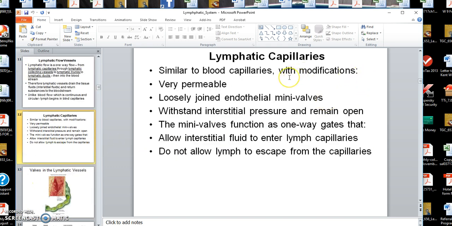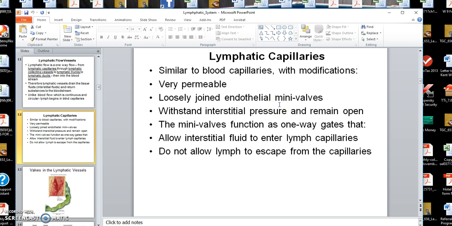Lymphatic capillaries are very similar to blood capillaries, except they are more permeable. Permeable means wider open, that they can let things in more. They have loosely joined endothelial cells. An endothelial cell is a lining cell for blood vessels and capillaries. The way the endothelial cells are set up, they kind of overlap.